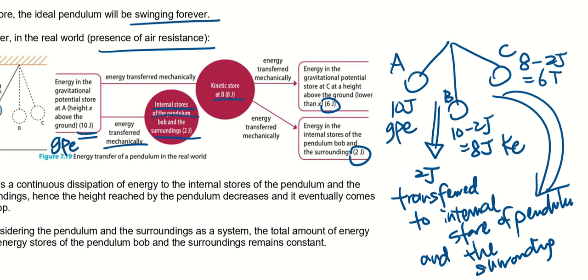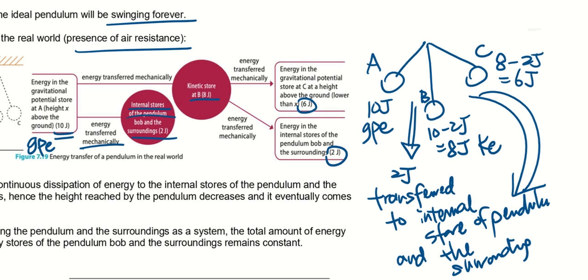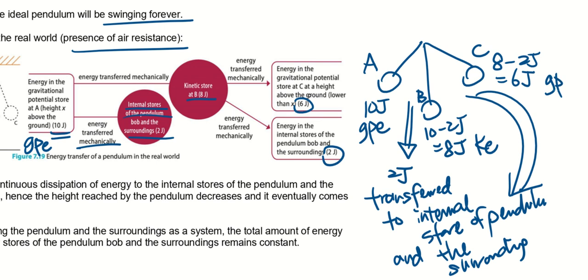I'm left with 6 joules of energy in the gravitational potential store. So if it does come back, and of course it does, it will transfer another 2 joules. So now I'll be left with 6 minus 2, which equals 4 joules of energy in the kinetic store.